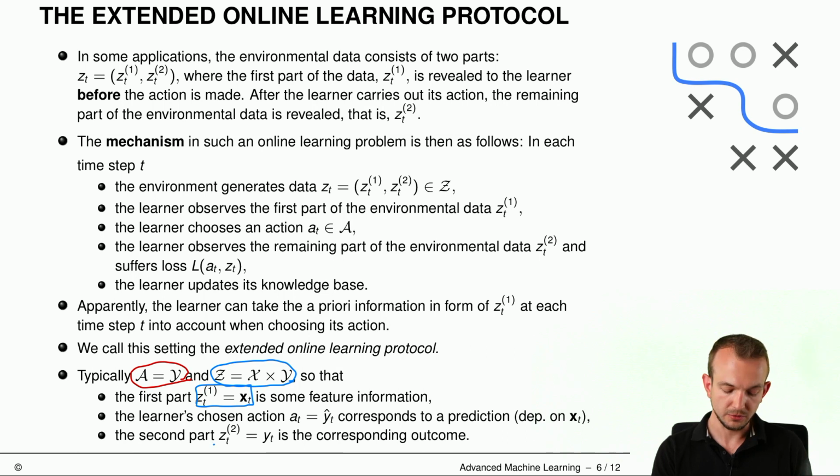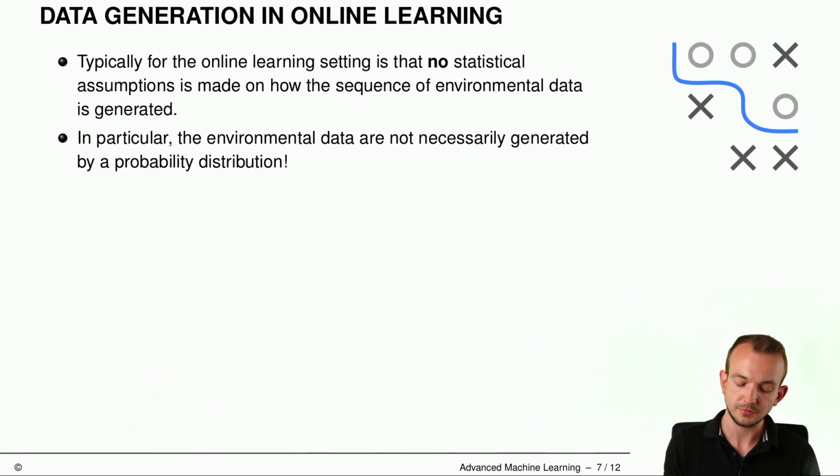And when we want to predict something, the weather in terms of the temperature, this is the YT, which we want to predict as accurately as possible with our action AT, our Y hats, which might depend on the XT, on the additional information we have about the environment.